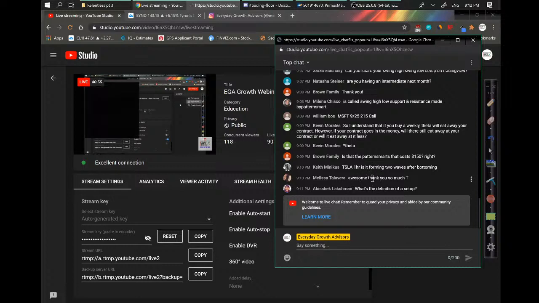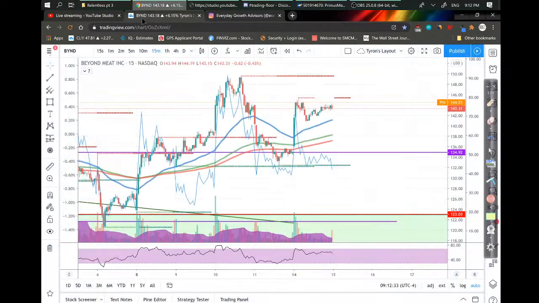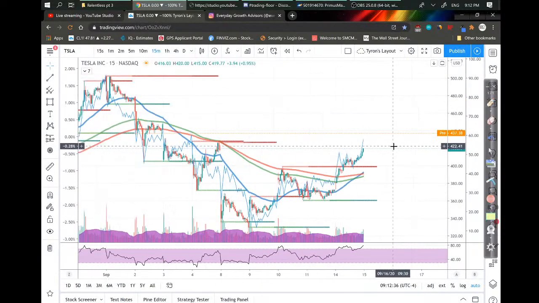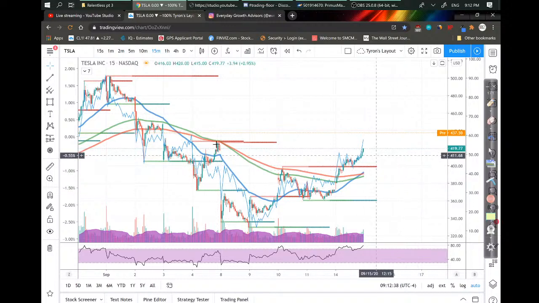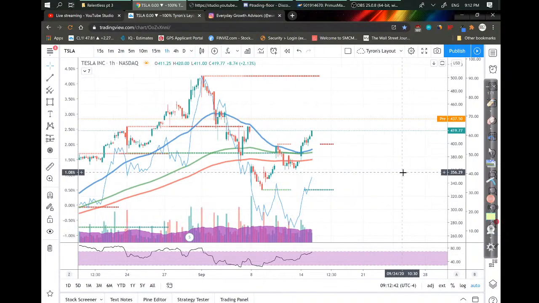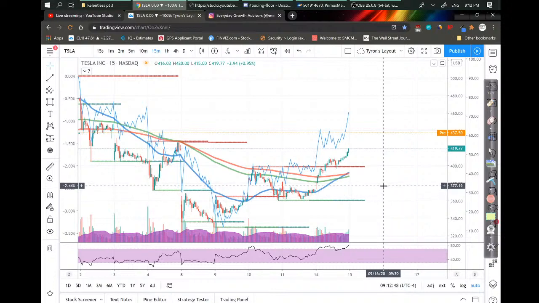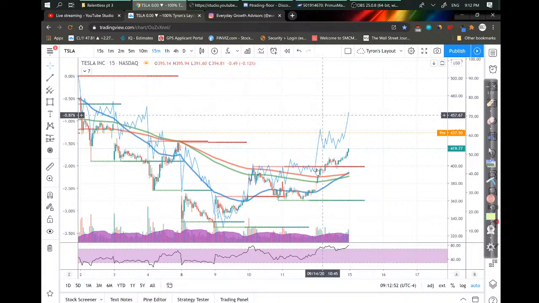No problem. Tesla 1 hour is forming 2 waves after bottoming. Let's have a look. Yeah, this is one of them. 1, 2. Well, you need to wait for one more on the 1 hour chart. So how do you trade this one? This is the one that I would love to go through on Thursday, but it's a really good example.